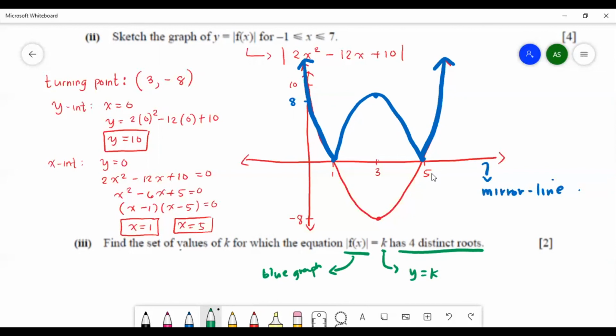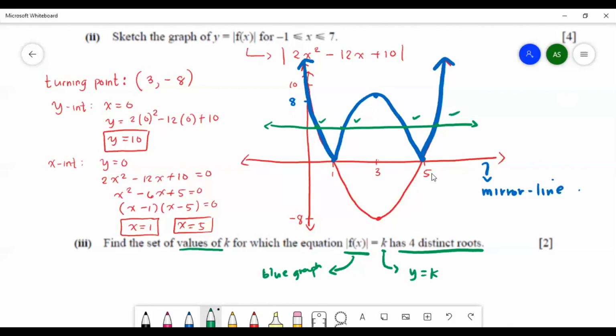So you need to find the values of k for which it will have 4 distinct roots. That means when you draw a horizontal line, you will have 4 intersections, correct? So for example, here, this is a possible solution for k because you have 1 intersection, 2 intersections, 3, and then 4. So it has 4 distinct roots.